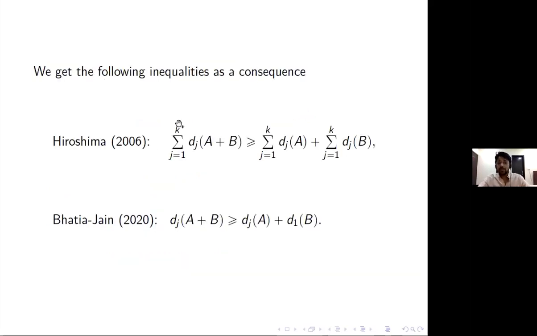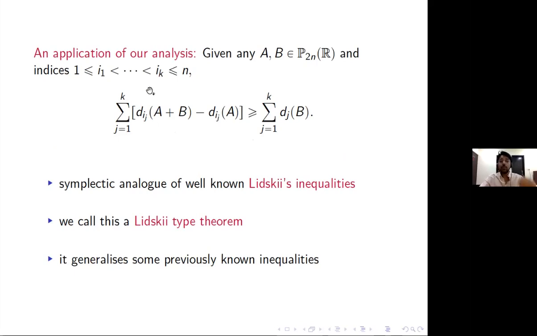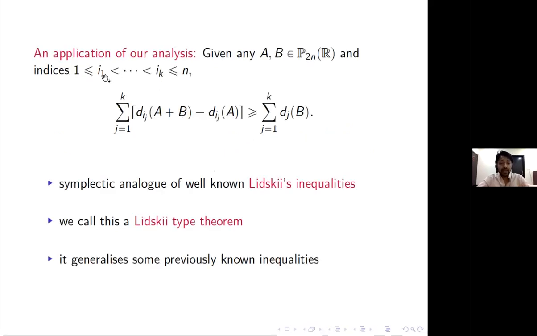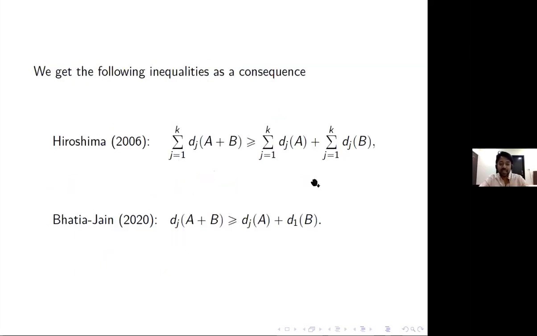For example, if we choose the k indices to be 1, 2, 3 up to k, then we get this set of inequalities for all k, which was proven in 2006 by Hiroshima. And again, instead of taking k indices, if you take any arbitrary index, say j, then we get this inequality. And this is a set of inequalities proven by Bhatia and Jain.